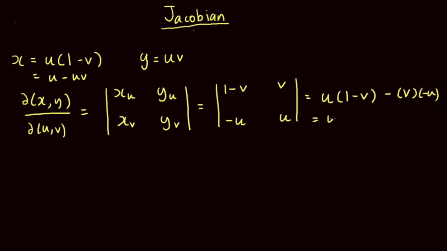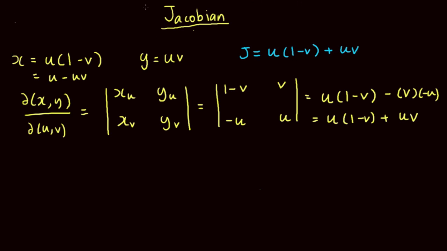So it'll simply be u 1 minus v plus uv. That's basically your Jacobian. I'm going to write it in blue so that we don't get confused. It's just u 1 minus v plus uv. We leave it at that.